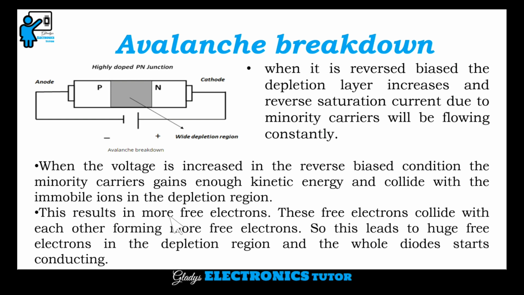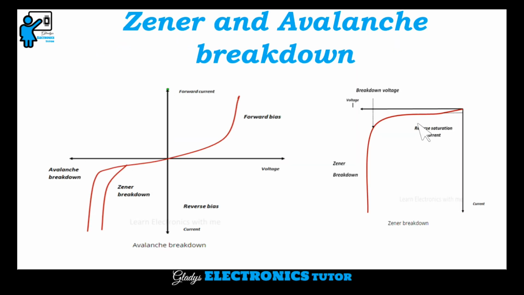This results in more free electrons. These free electrons collide with each other, forming more free electrons. So this leads to huge free electrons in the depletion region and the whole diode starts conducting. This is the avalanche breakdown.